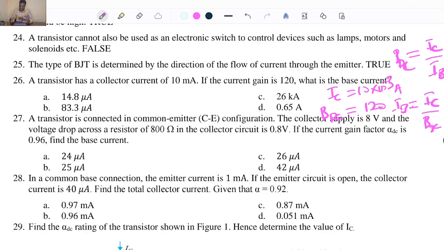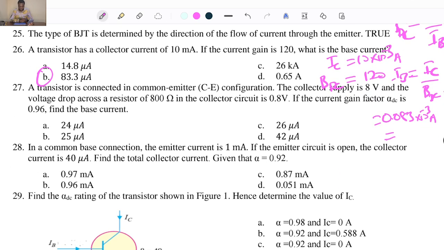So I will have 10 milli divided by 120. That gives me 0.083 milli, 10 raised to power minus 3. So we change this to micro, so I have 83. So we get the answer here to be B.